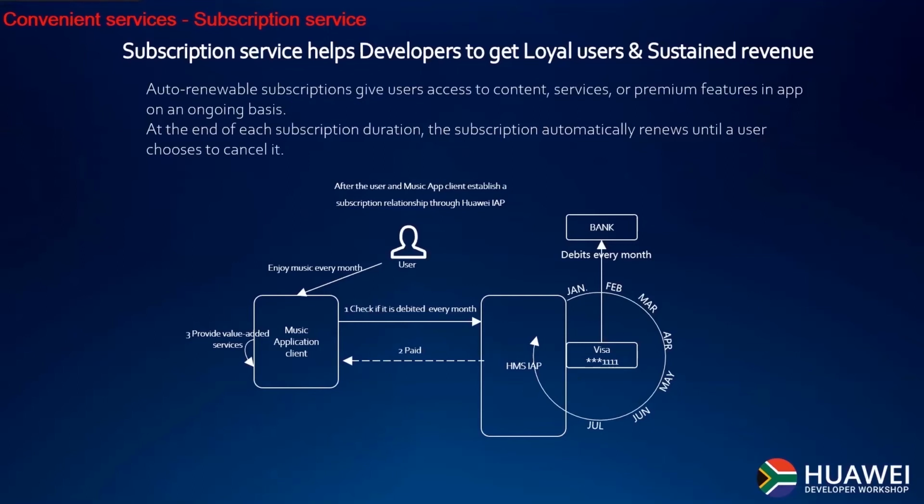And that is mainly one of the reasons why you have to provide your credit card information when you create your Huawei ID, so that when that process happens automatically, you get your money automatically as well.